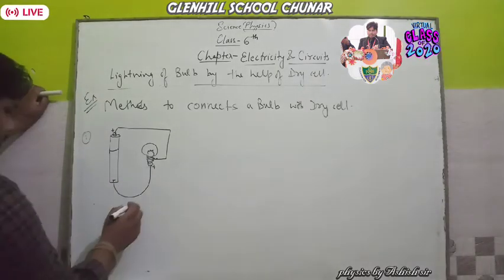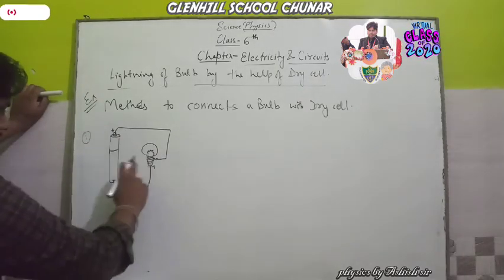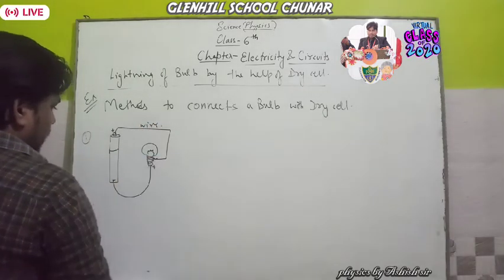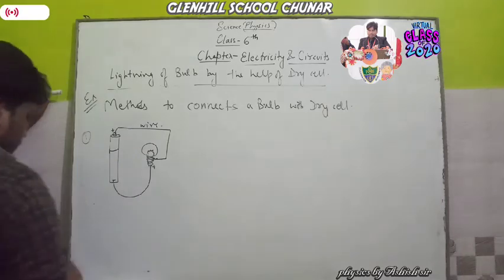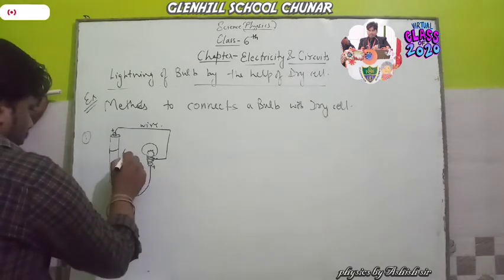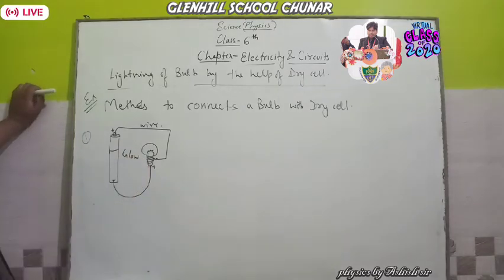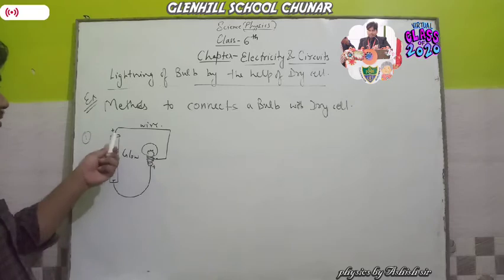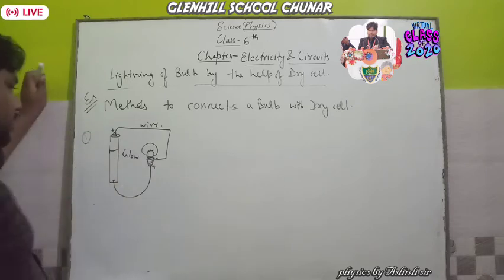These are the connecting wires. In this condition the bulb glows. Why? Because the negative end of the bulb is connected with the positive end, and the positive end is connected with the negative end.